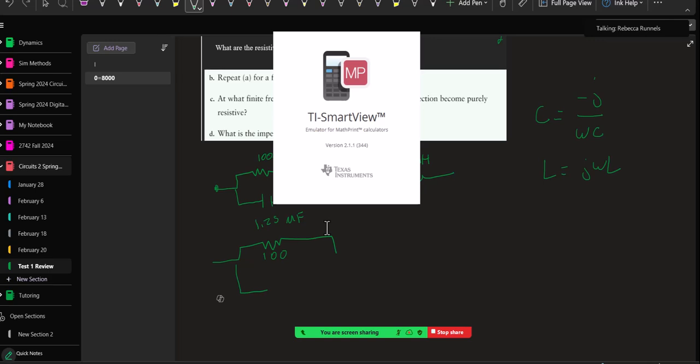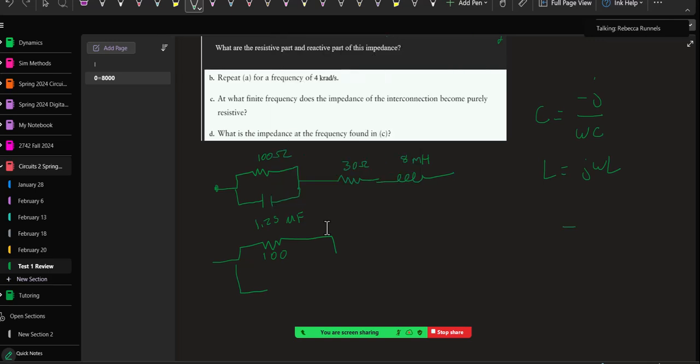So I want minus J over 8 times 10 to the third times 1.25 times 10 to the negative 6.